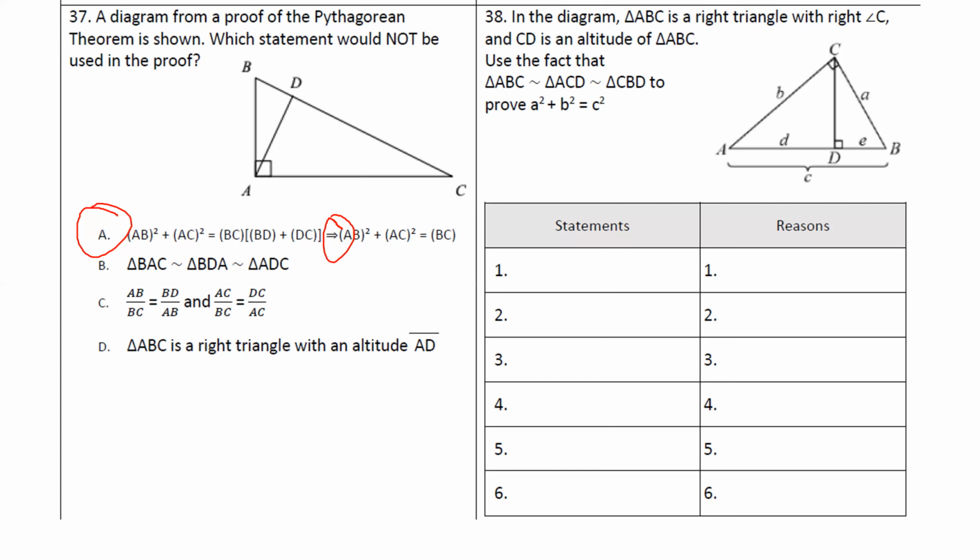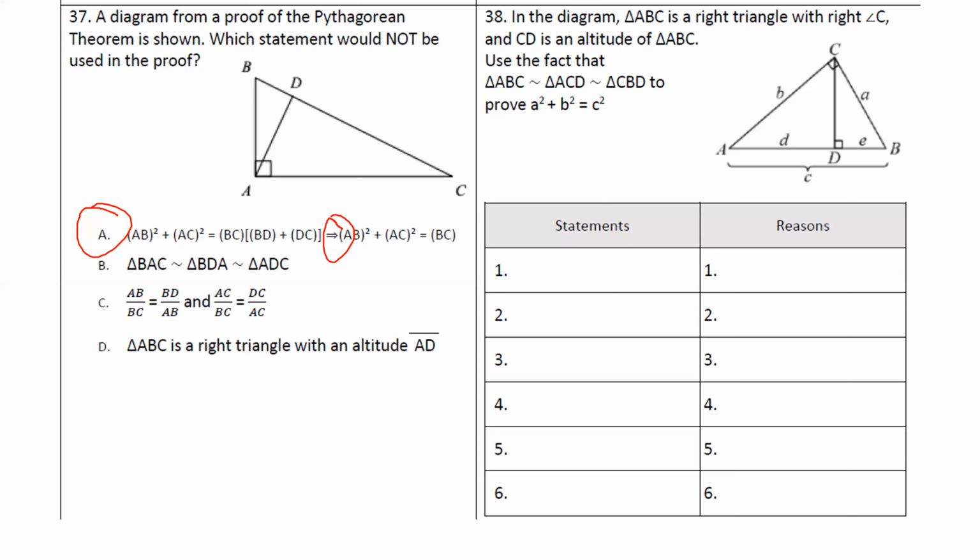Same thing with 38. They're doing the same thing on 38. They're actually doing the proof that they're talking about in 37. But the proofs on the FSA are not completely blank. They are not usually that challenging of a question. They're usually ones dealing with triangles being congruent, proving sides are the same.